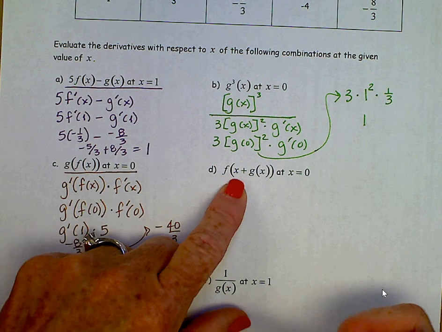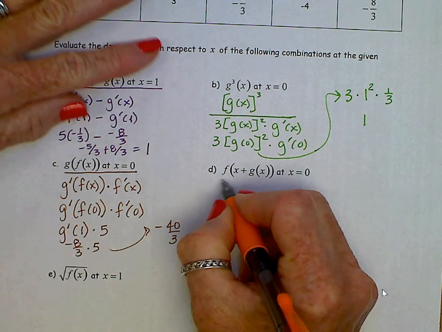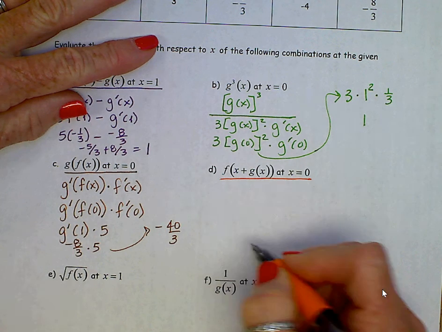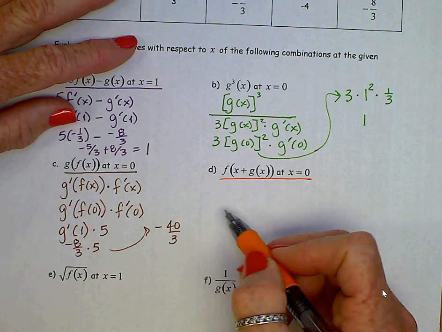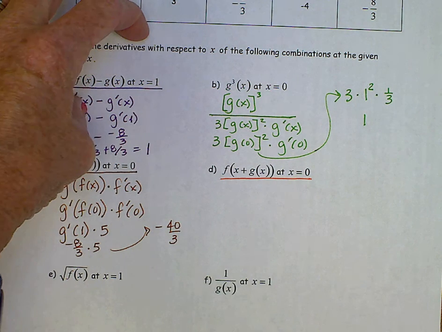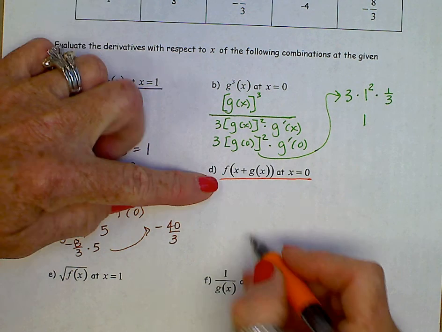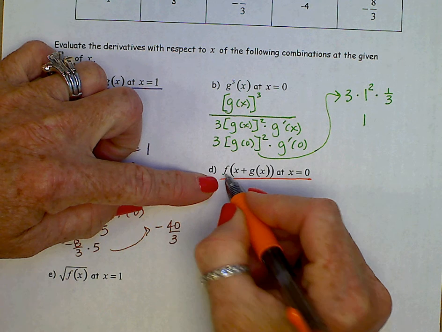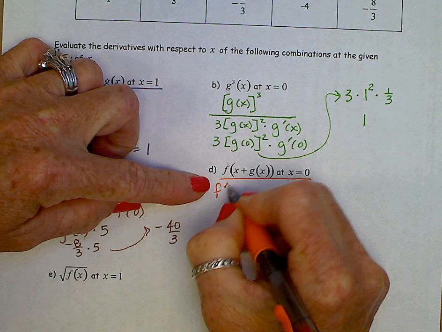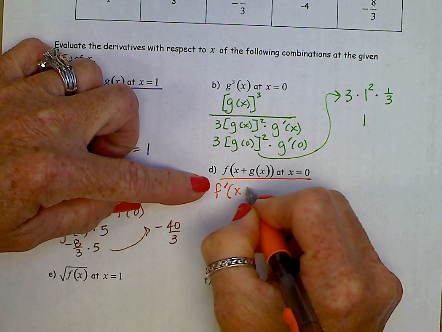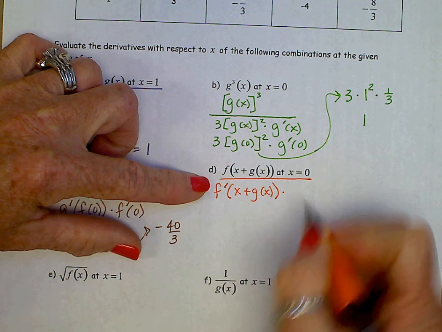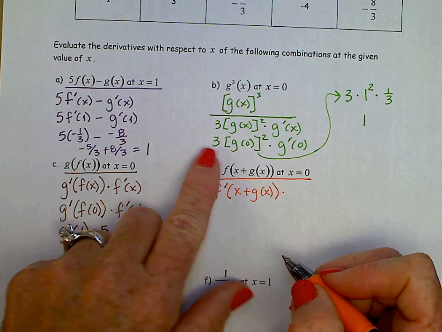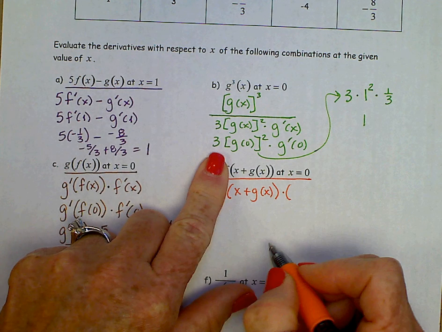Looking at this next one, again, a chain rule going on, but this one's a tad bit more complicated because we've added this extra x plus in here. So we'll start on the outside. F prime, leave the inside alone, times the derivative of the inside.